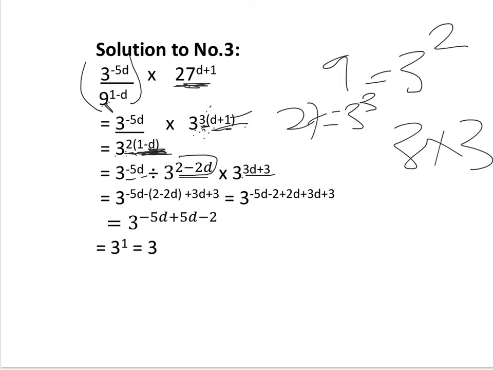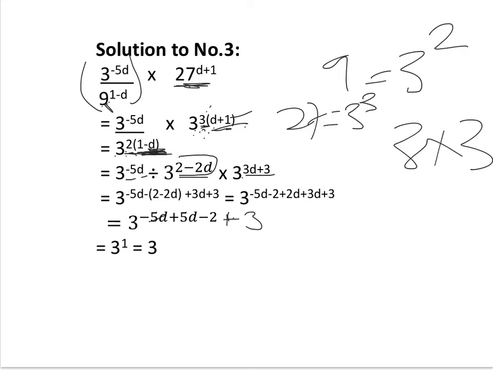So we have 3 raised to power minus 5d minus 2 minus 2d plus 3d plus 3, equal to 3 raised to power minus 5d minus 2 plus 2d plus 3d plus 3, equal to 3 raised to power minus 5d plus 5d minus 2 plus 3.